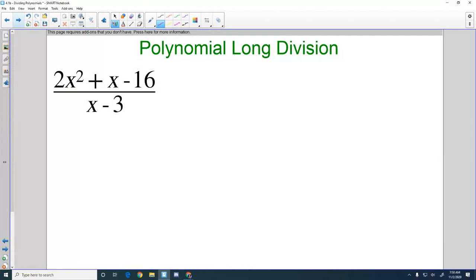Dun, dun, dun, dun. Polynomial long division. So we've got 2x squared plus x minus 16 all being divided by the polynomial x minus 3.